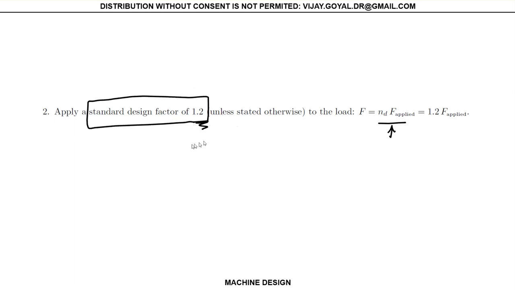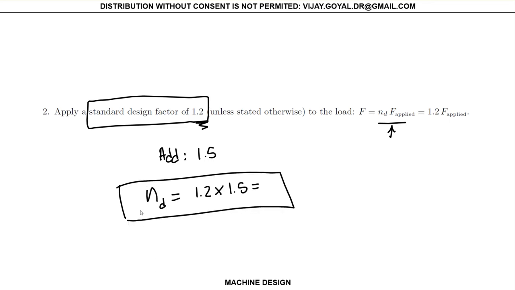If I say I want to add an additional factor of 1.5, let's say, then what you will do is you will actually multiply 1.5 times this. That's how we actually do these problems. So it's a multiplication problem, so that will be a new ND. That's how we will actually calculate this. We multiply many factors, and we find your design factor for analysis.